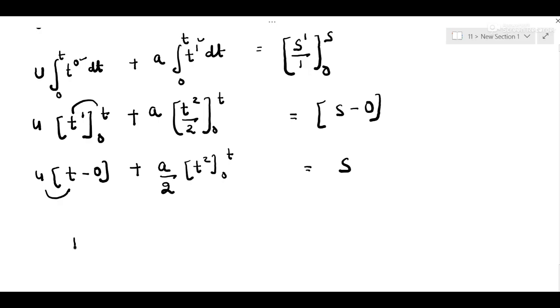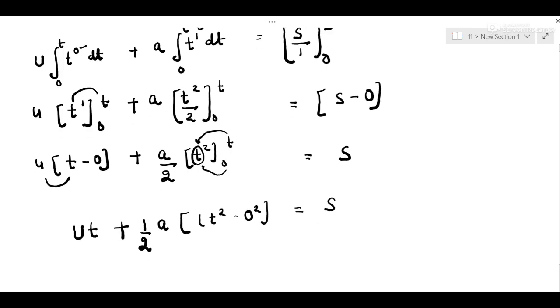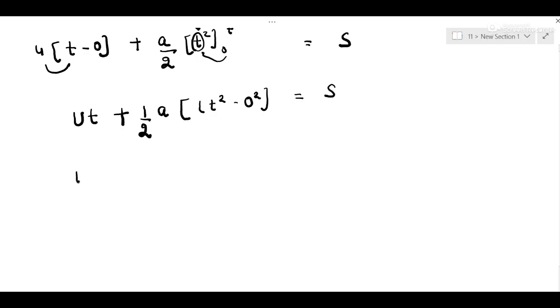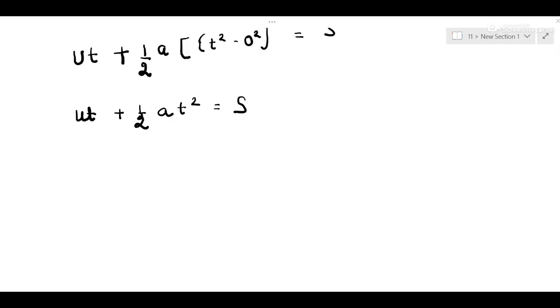This can be written as ut, plus half a, and in place of this t, the upper limit, by chance it is also t, so it is t square minus 0 square, the lower limit is 0, so in place of t 0 will come, is equal to s. So ut plus half a t square is equal to s. This is your second equation of motion.